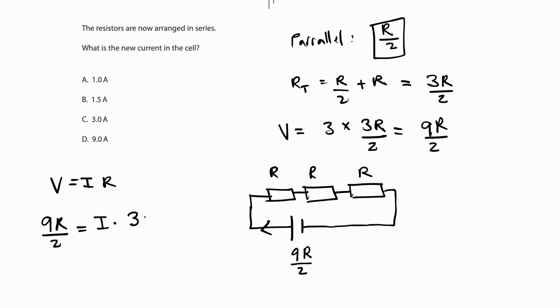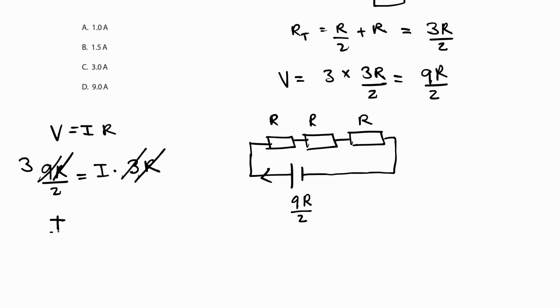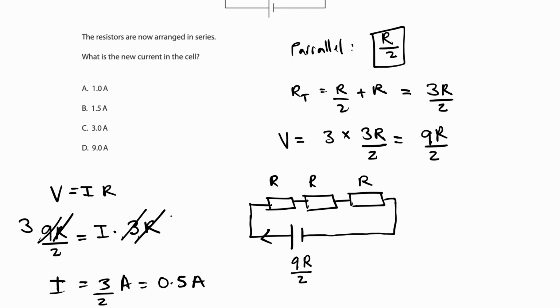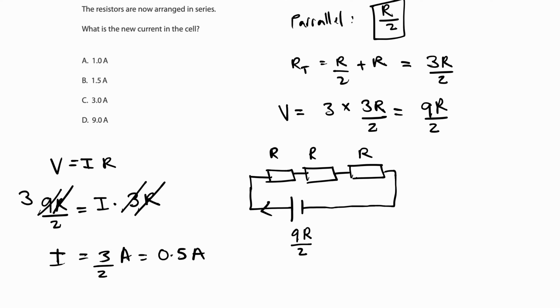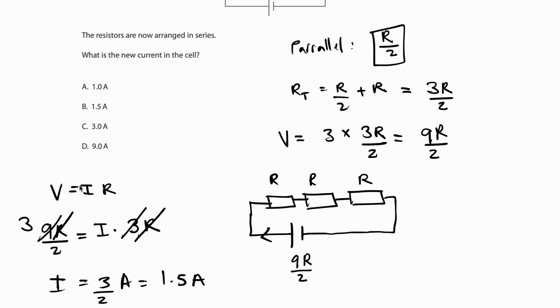So that is 3R. Now cancel out the R's, cancel out 3. So I is equal to 3 over 2 amperes, or 0.5 amperes. And that's your answer. Not 0.5, sorry, 1.5. My mistake. 1.5 amperes.